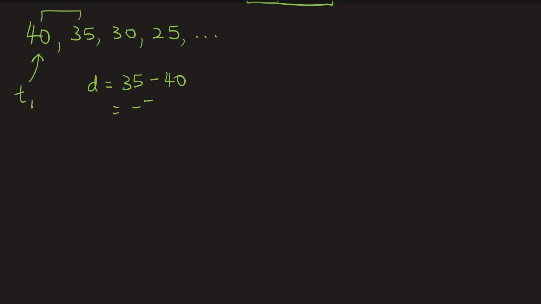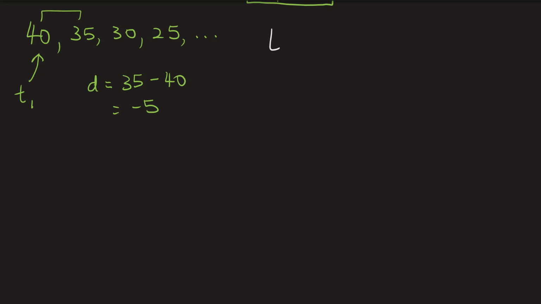40, 35, 30, 25, and so on. This is my first term here, T1. D is equal to, let's take these two terms, 35 minus 40, and that is negative 5.